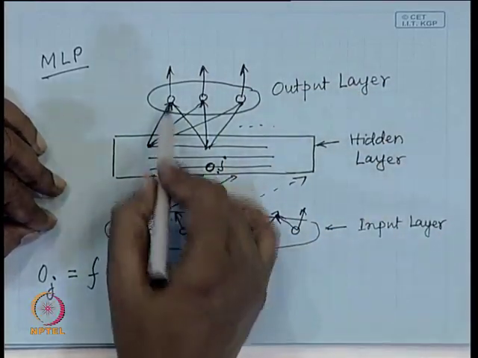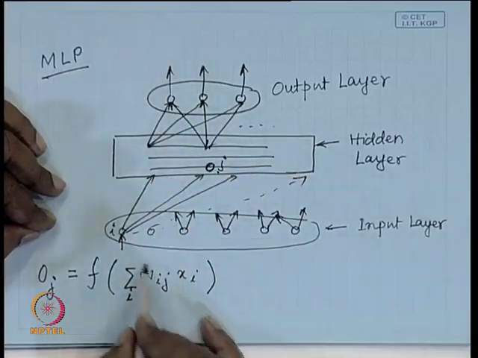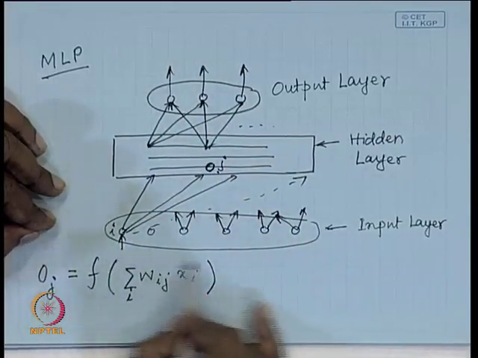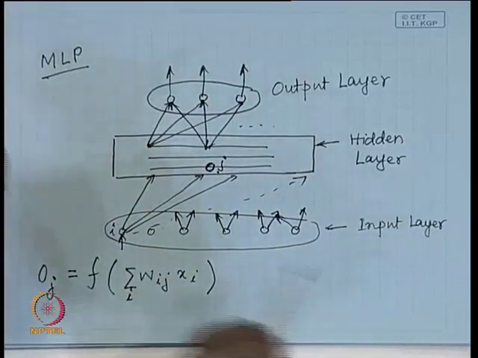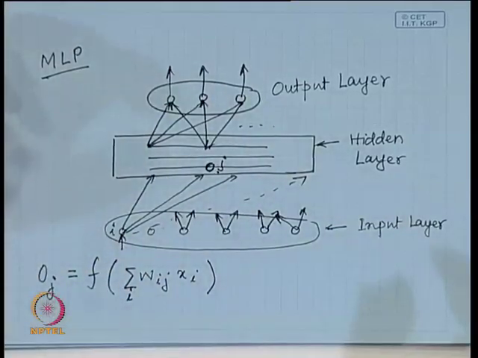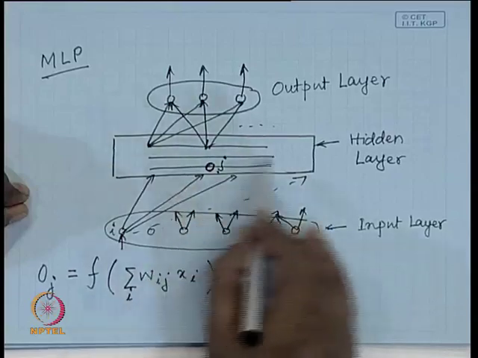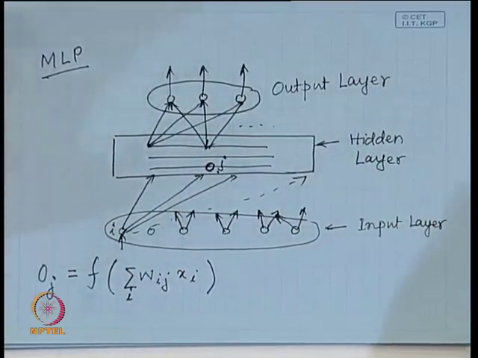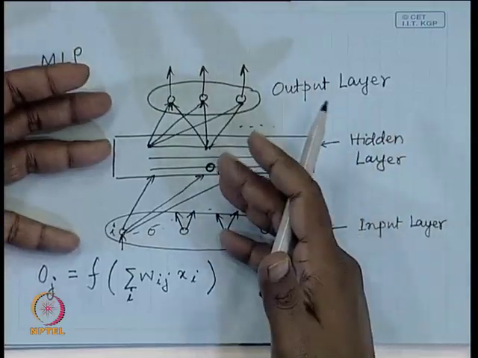So, finally, what I get is that the output of every node in the output layer is nothing but a linear combination of the inputs coming to the input nodes. The coefficients of this linear equation are different for different output nodes, and they are nothing but a combination of the connection weights coming from all these different layers. So, effectively I have a number of linear equations, which are encoded within these weight vectors or weight matrices.